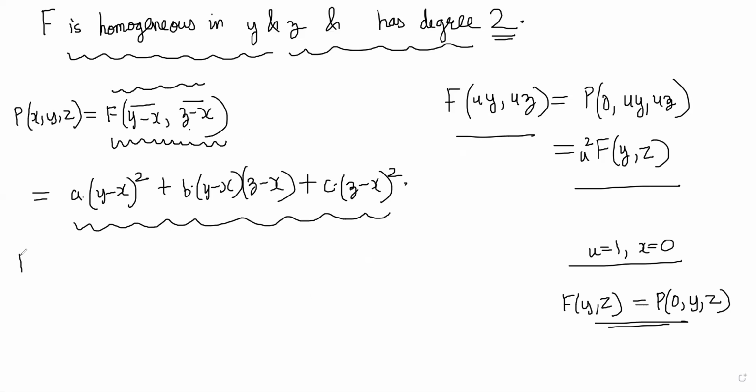So we are basically getting a tentative expression for p(x, y, z), right? The only thing unknown here are the constants a, b, and c.